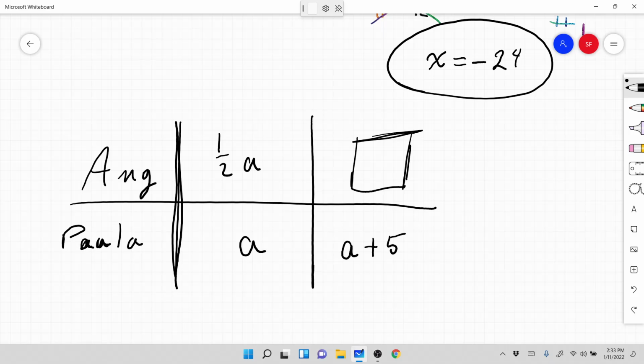5 years ago, Paula was half as old as now. This is the now, right? And this is the then, 5 years ago. So to go from this to this, we did 1/2 times this, right?